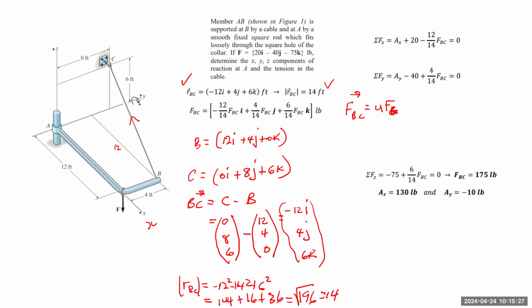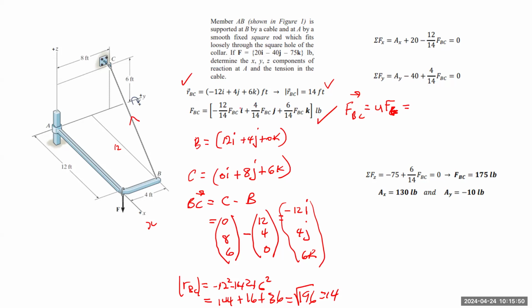So what you need to do is multiply F by your unit vector. So it's all of the value over 14. So you simply put in the modulus, divide the modulus by the position vector, which is this here.